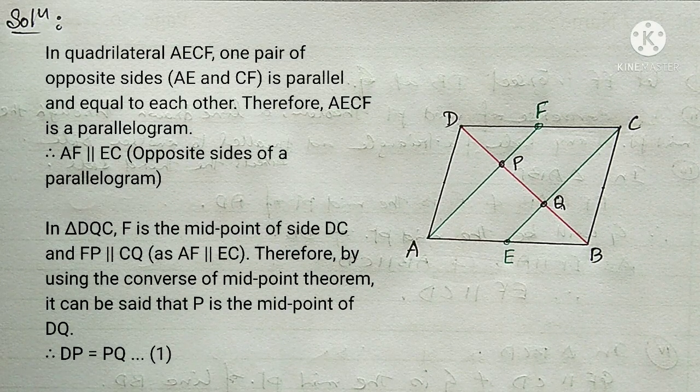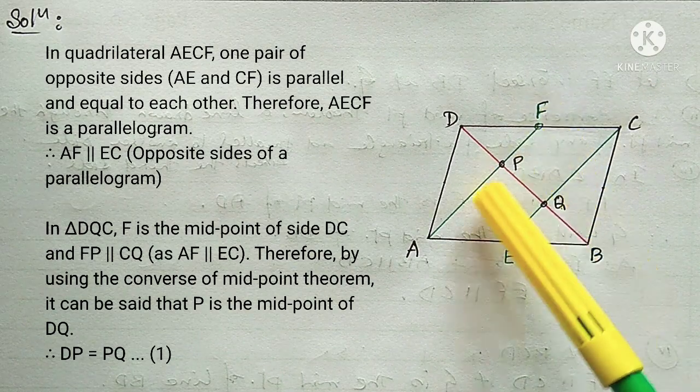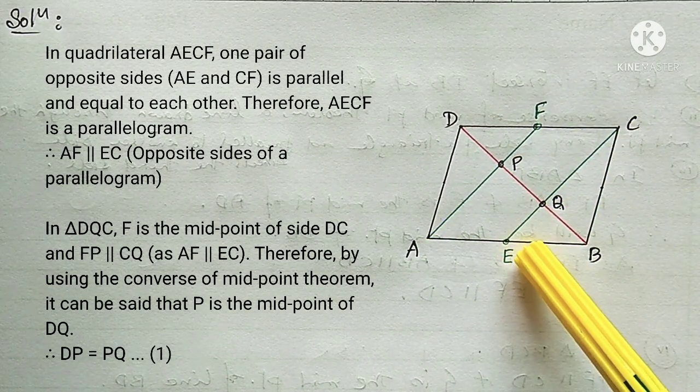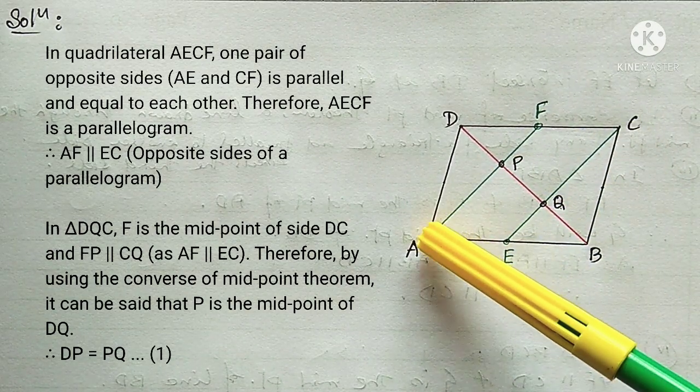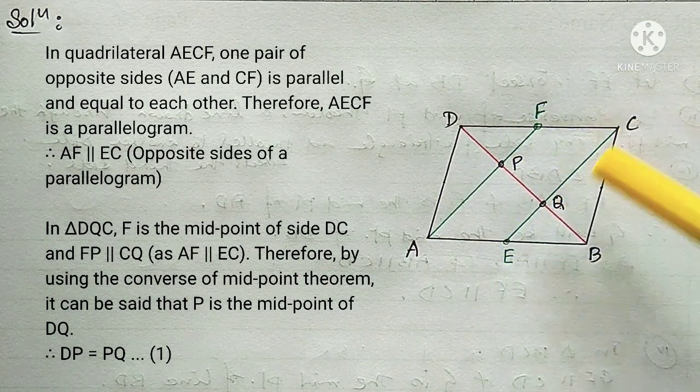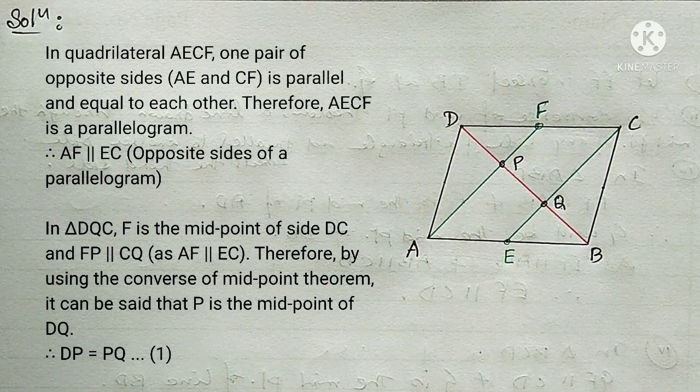So if it is a parallelogram, then again opposite sides are equal and parallel. Now this time we write these two. So in this case we write AF is parallel to EC. Is it clear? Okay. Now after that the main part comes.